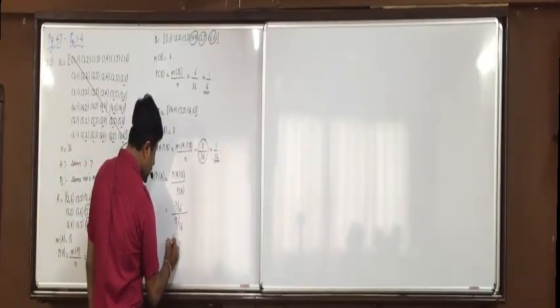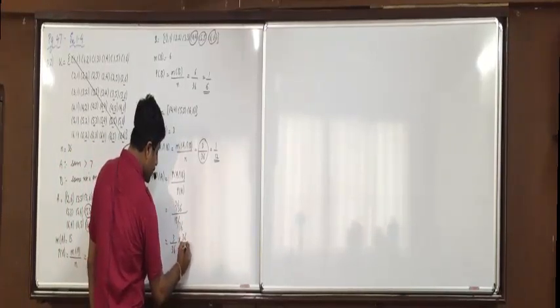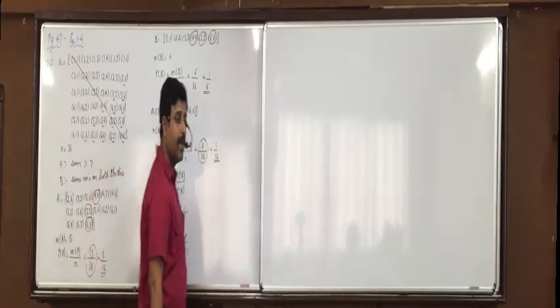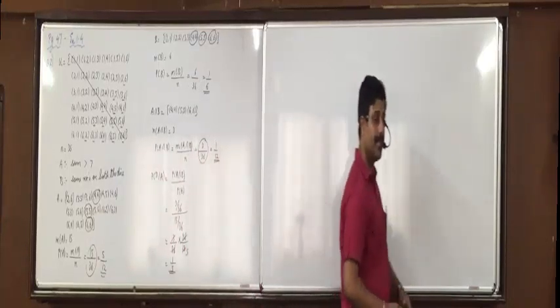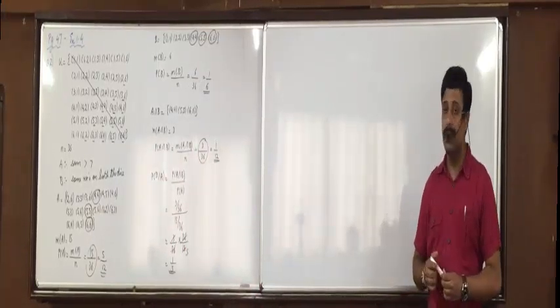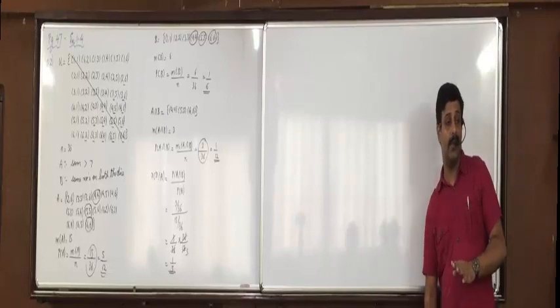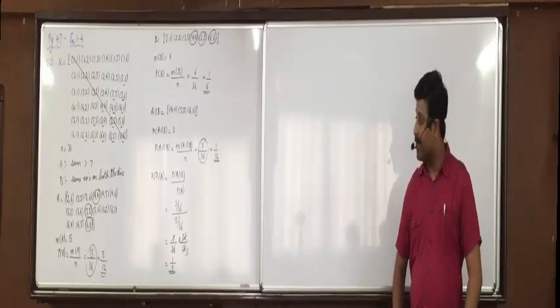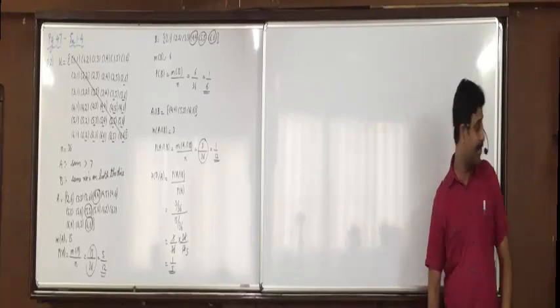So 3 by 36 into 36 by 15. 36 cancels. 3 into 5 is 15. So 1 by 5. Did all of you understand this? So conditional probability, this is how you have to find. All of you are clear?